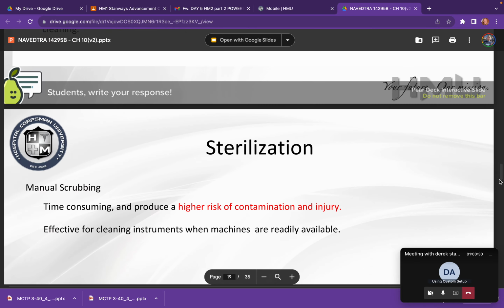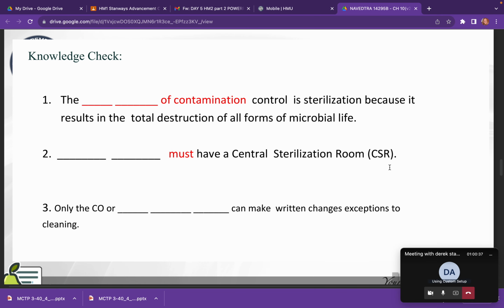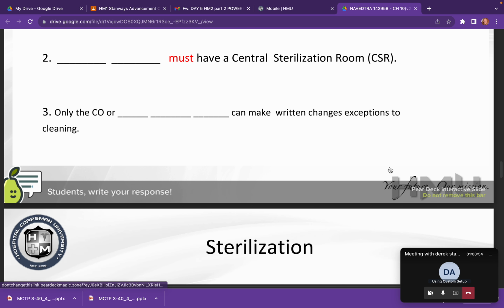Highest level. Highest level of contamination control is sterilization. Blank must have a central sterilization room. MTS and DTS. Healthcare facility, perfect. Only the CO or infection control should be involved. Perfect, infection control officer can write written changes, exceptions to cleaning.